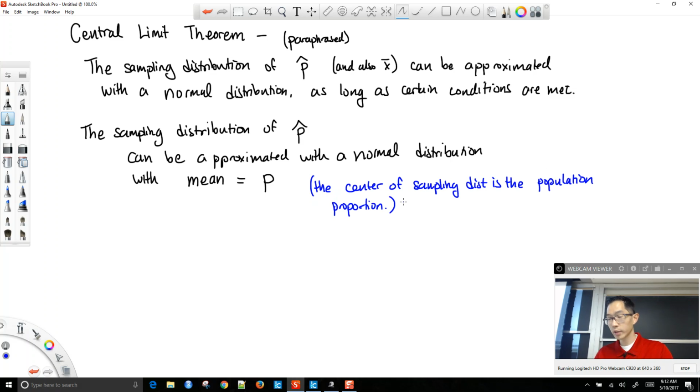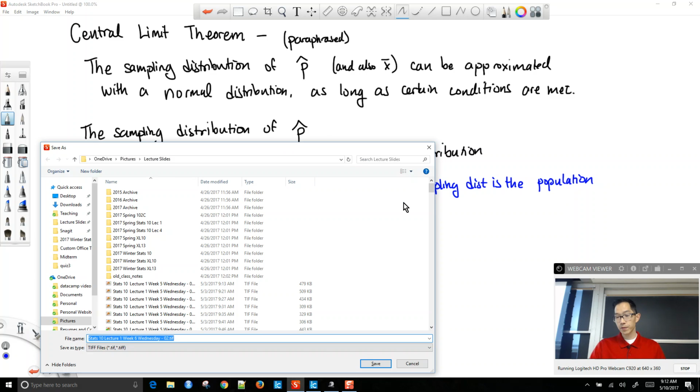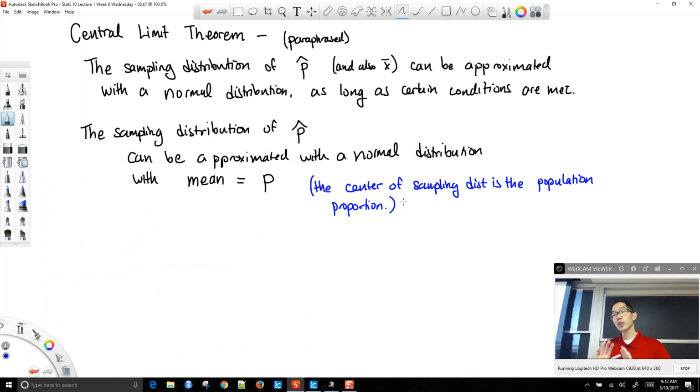Right, and I think that makes intuitive sense in that if the giant tub of Reese's Pieces is 30% orange, every time we take a scoop, we would expect to get a value close to 30% orange. Of course, because it's a random sample, maybe it's higher or maybe it's lower than that. But in the long run, after many, many samples, we would expect them to be centered around 30%.